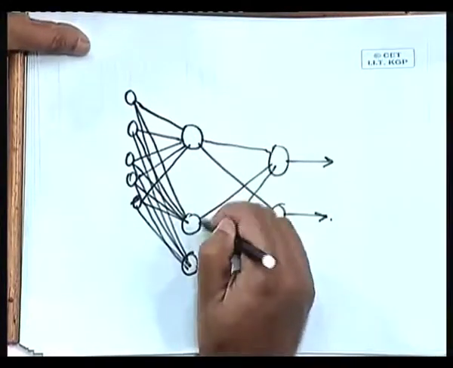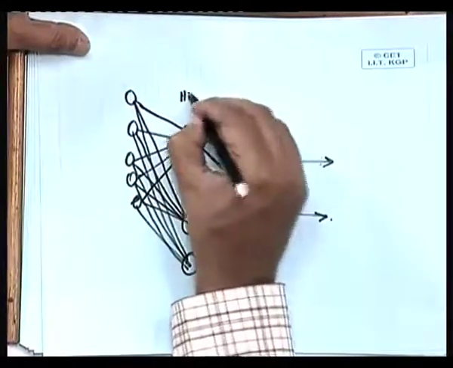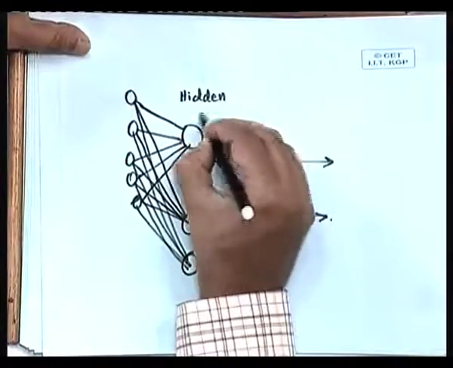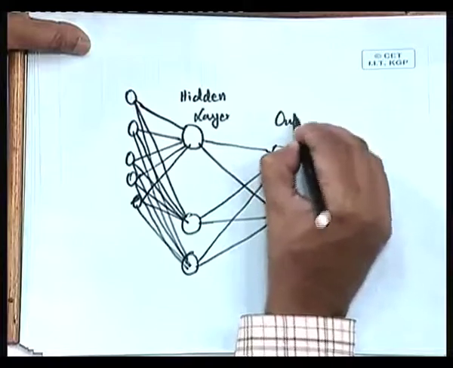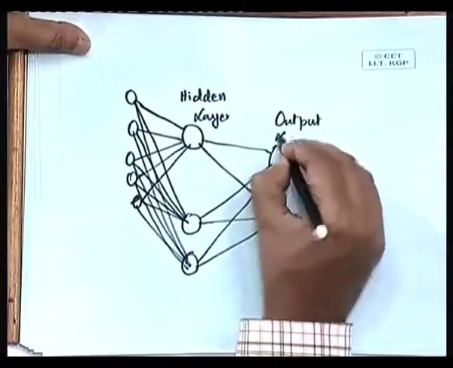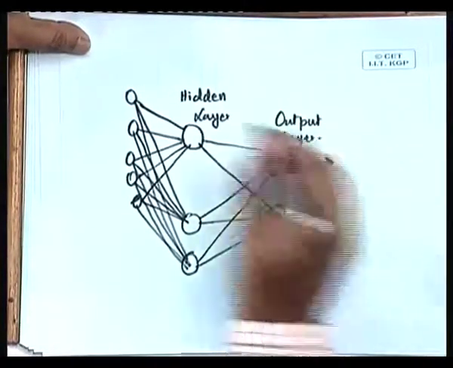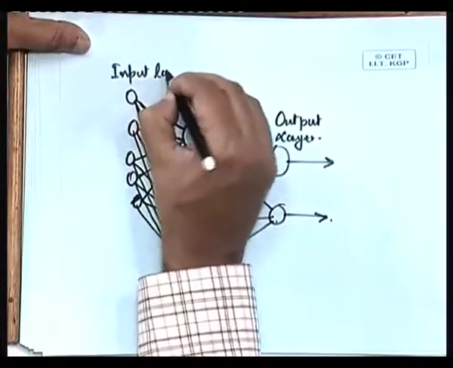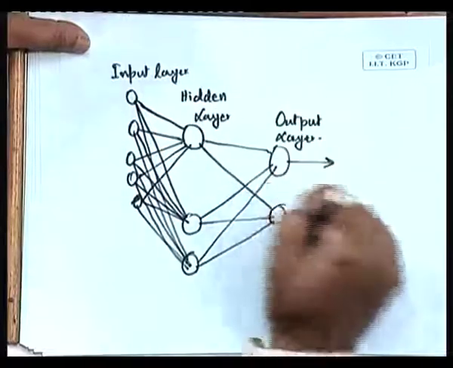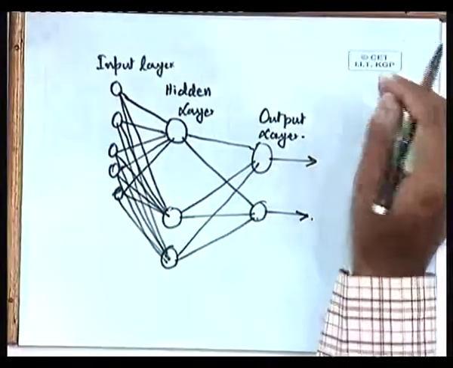These neurons will form the hidden layer, and this will be the output layer, and this will be the input layer. Naturally, we normally do not want to touch the output layer, because the output layer is finally going to give us the number of classes.